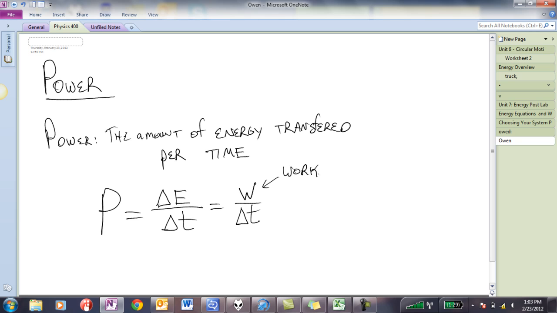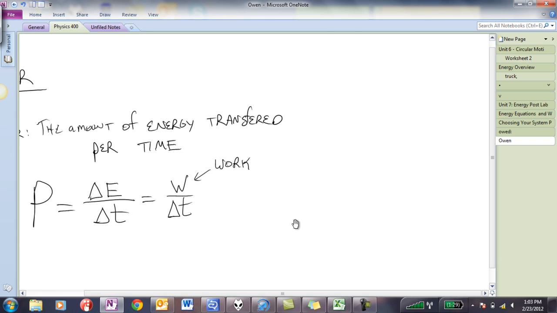The other thing to note about power and looking at this, the unit that goes along with power is going to be a joule per second. And a joule per second can actually be rewritten as the standard international unit, the watt.